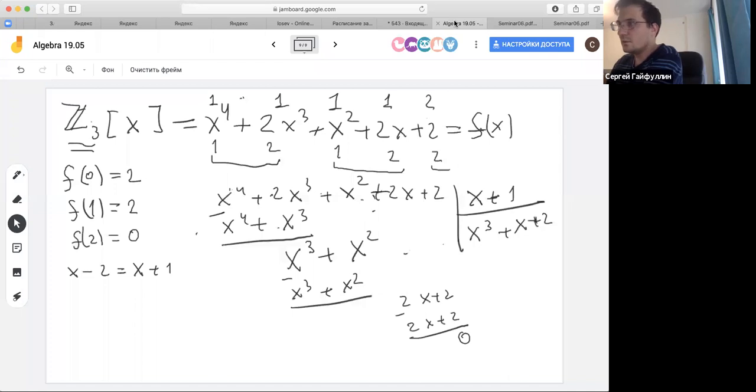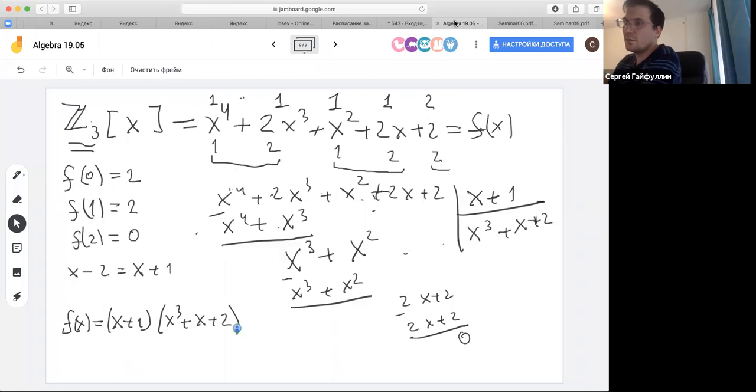So now we obtain that our polynomial f from x equals x plus 1 multiplied by x in the third plus x plus 2.